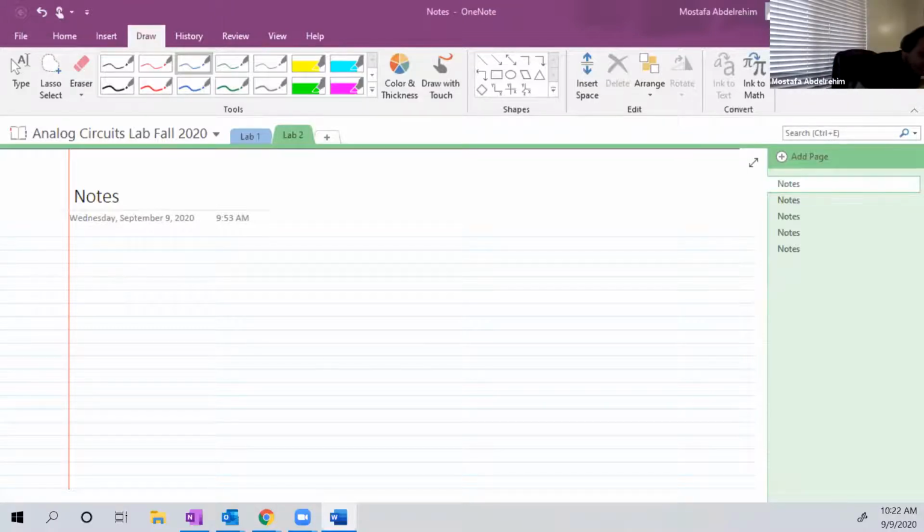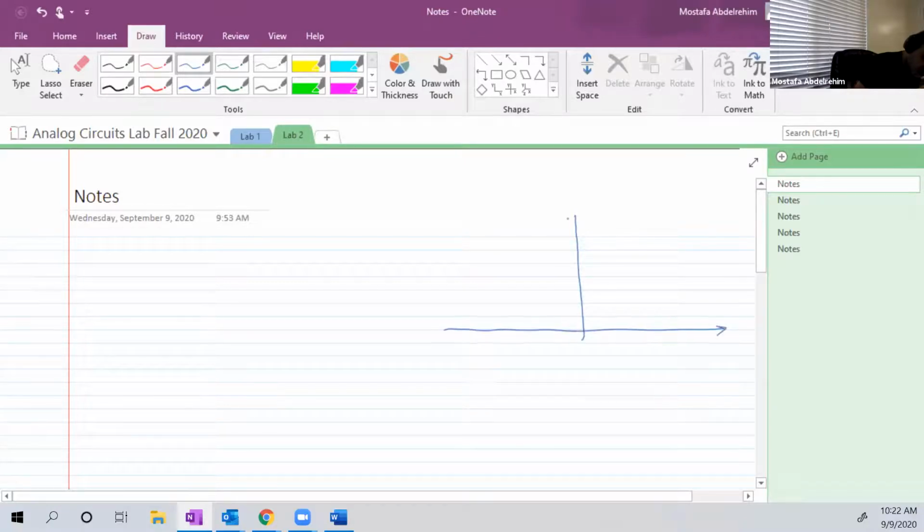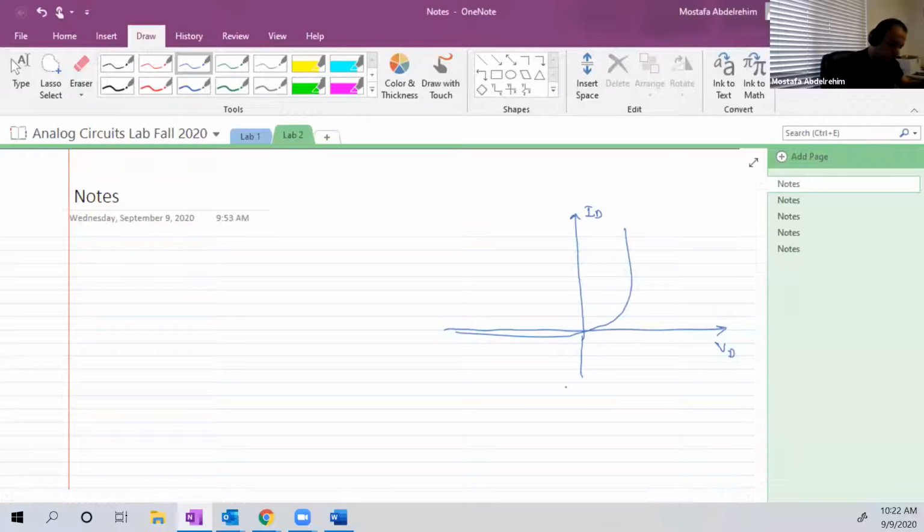So basically, the characteristic that we want to measure is something that should be like this: ID versus VD, and we have this exponential relation. So this is what we want to draw or plot.